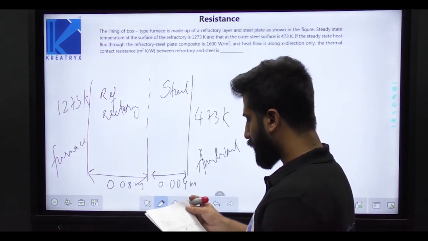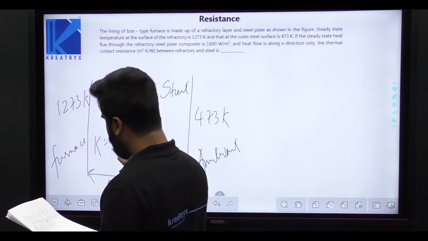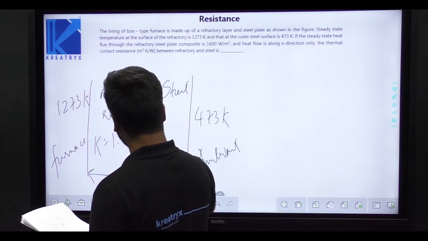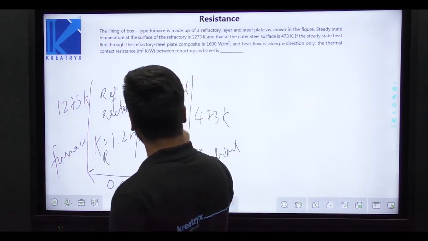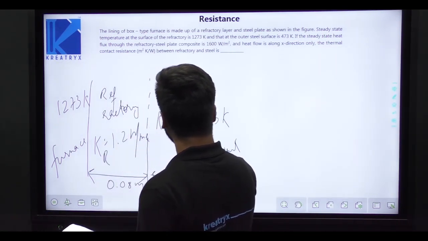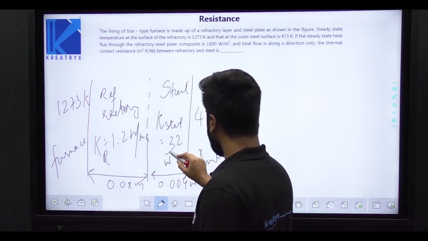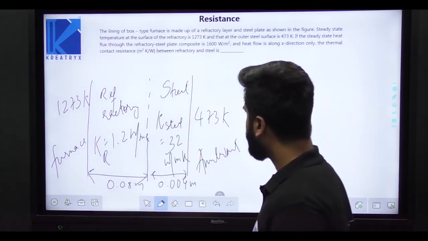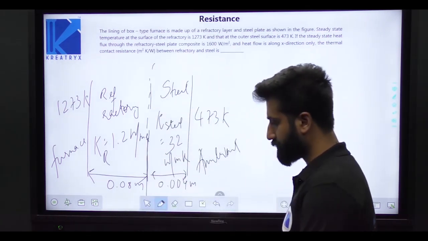Okay, and the thermal conductivity of refractory is, some data is missing in this question. This is 1.2 watt per meter Kelvin, and the thermal conductivity of steel will be more than this refractory, which is 32 watt per meter Kelvin. Okay, so now this is the complete question.